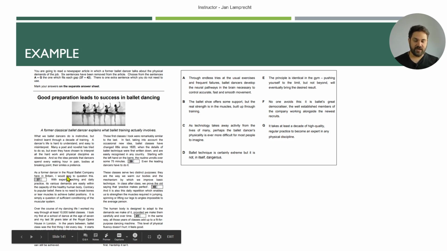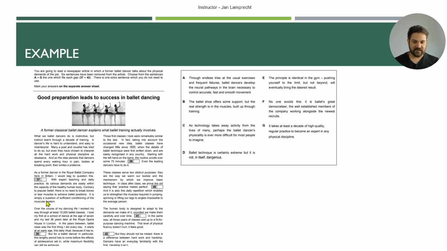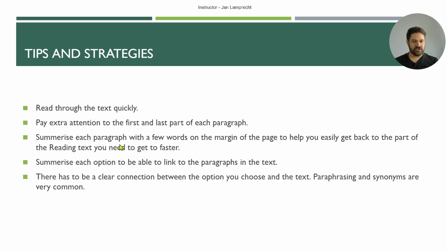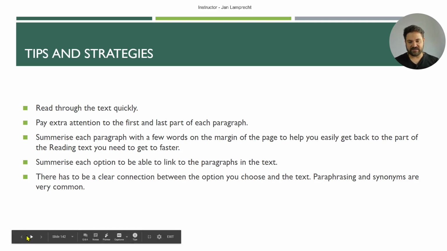So when you read quickly through everything, pay extra close attention to the beginning and to the end of each paragraph. Summarize each paragraph with a few words on the margin of the page to help you easily get back to the part of the reading text you need to get to faster.